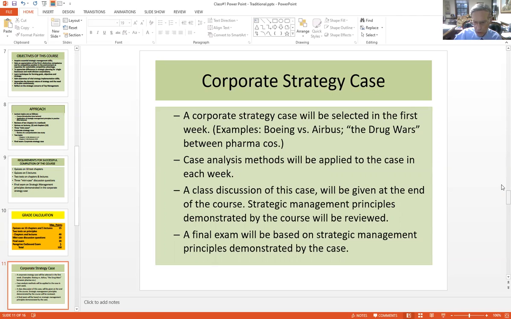Boeing versus Airbus is another great case because Boeing is an American company, Airbus is a European company, and lo and behold, two new large aircraft manufacturers have emerged in China and Russia, which really complicates matters and makes for a very interesting case.